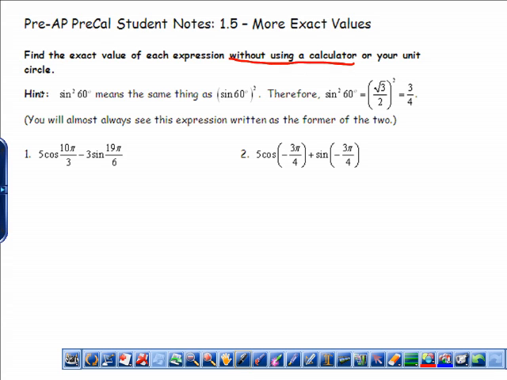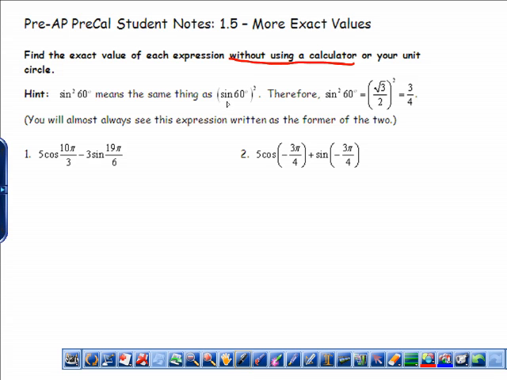Okay, one thing to clear up before we start this lesson is to clarify when you're squaring a trig function. The notation that you will almost always see is that when we're squaring sine, cosine, tangent, or any of the reciprocals, you'll see the squared symbol between the sine or whatever trig function it is and your degree or your radian.